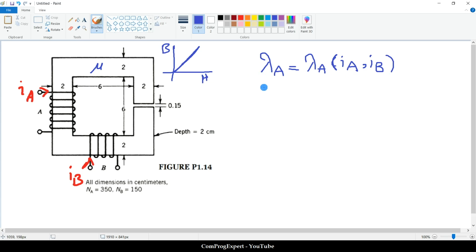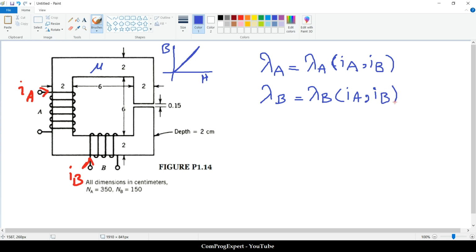The next equation, the structure here is static, and the relative position of coils is fixed. And this is lambda B. We can write it is a function of IA and IB.